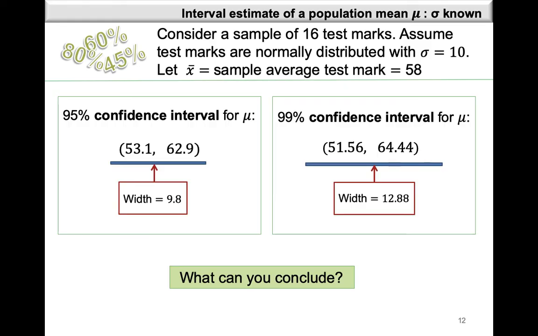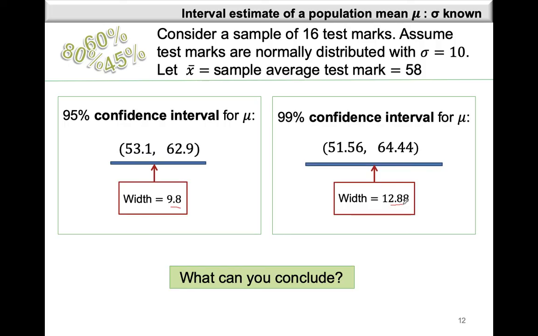So if we compare the two confidence intervals that we've just constructed, we can see that for the 95% confidence interval, the width, which is the upper value of the interval minus the lower value, gives us a width of 9.8, and the width for the 99% is 12.88.